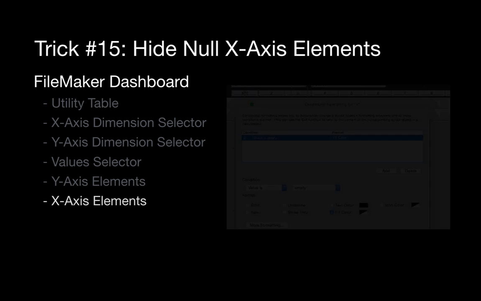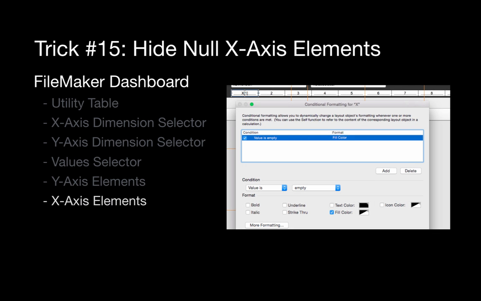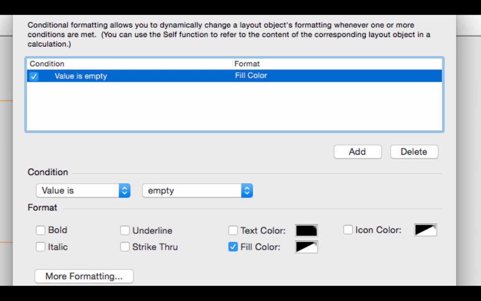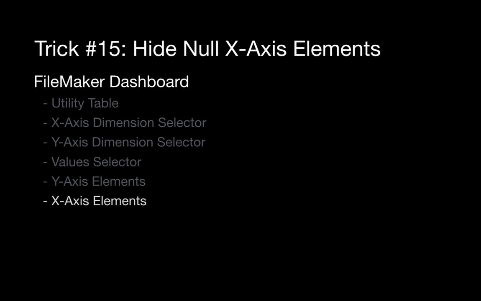So our x-axis elements would give, before I talk about the x-axis elements, let me just show you one other thing. Because you've got repeating fields, you might have, say, 20 repeating fields, but you might only bring back 3 elements. So you don't want to see all 20 fields, you only want to see the 3 fields that represent the 3 elements that you just brought back. So you just use a simple conditional formatting where you say, if the value is empty, then basically hide that cell or hide that repeating field.